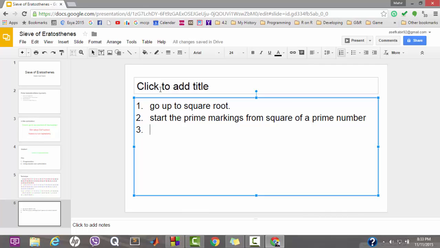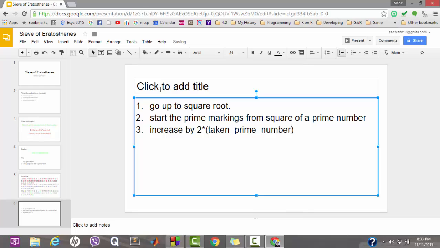Another thing is we will increase by 2 into the taken prime number.